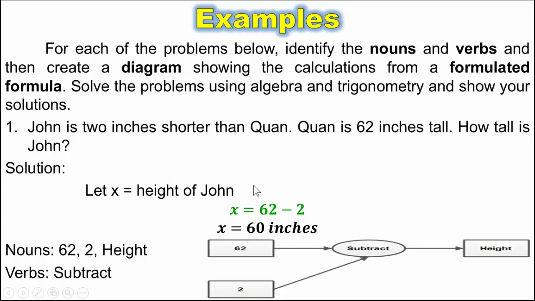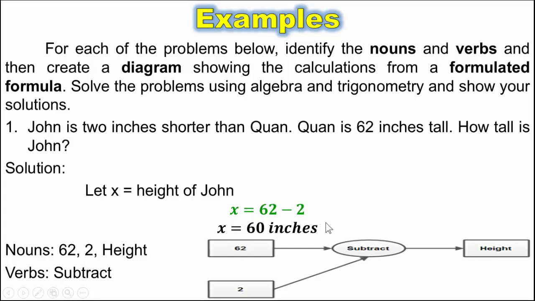The nouns that we can identify from the problem statement are the following: 62, 2, and height. The verb is subtract. The highlighted green algebraic expression is our computational model or mathematical model that we will draw a diagram from.